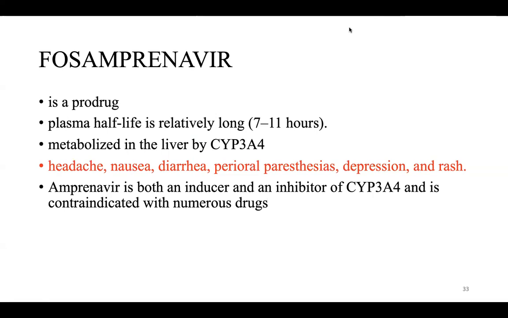Fosamprenavir is most often administered in combination with low-dose ritonavir. Amprenavir is rapidly absorbed from the gastrointestinal tract, and its prodrug can be taken with or without food. However, high-fat meals decrease absorption, and those should be avoided.